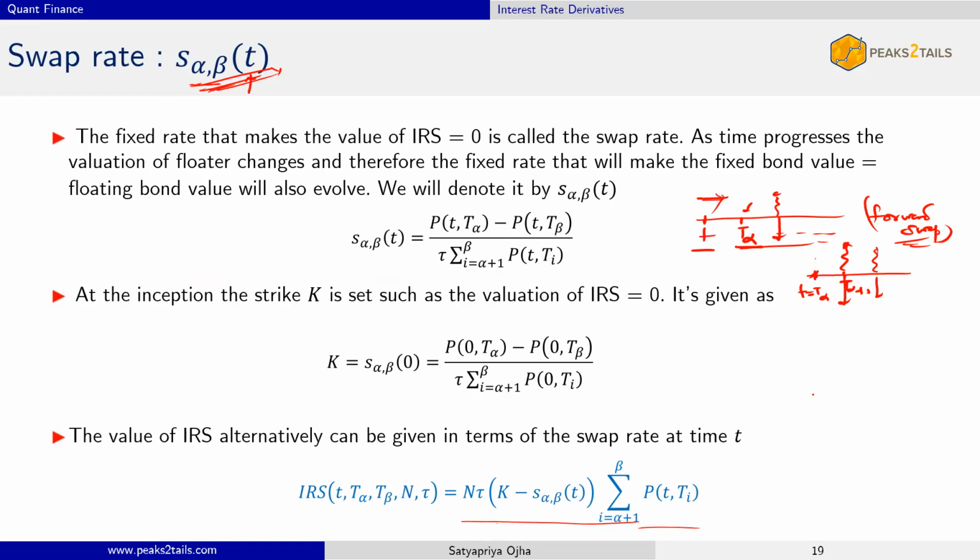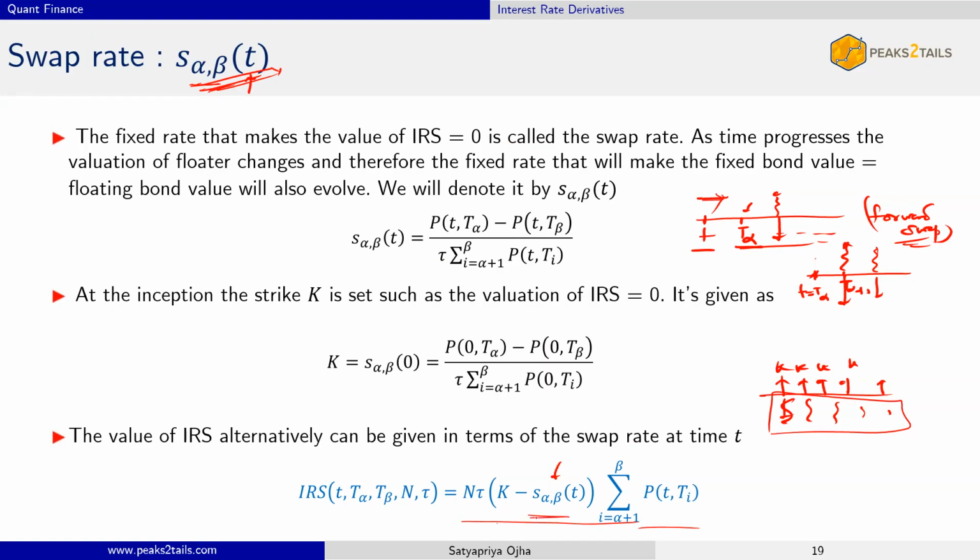Understand this. You are supposed to get K all your life, correct? That got fixed at inception. Nobody can change it. N K tau, fixed payments, you're going to receive. The floating payments are all random. We don't know. But at any point in time, this floating rate bond can be replaced by a fixed rate bond with the fixed coupon rate being the swap rate.